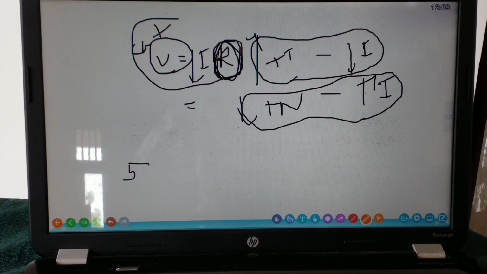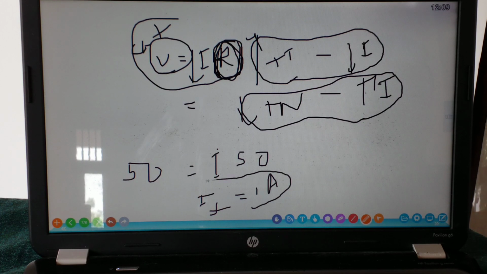If this is 50, and the loop impedance is 50, then what is the allowable fault current? It's 1 amp. The allowable fault current is 1 amp.